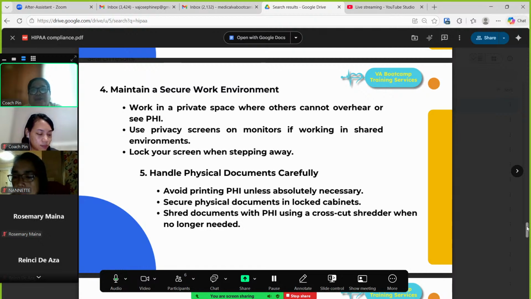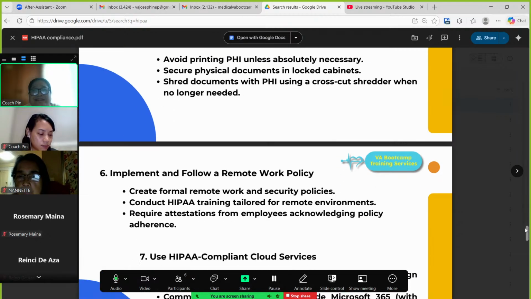Handle physical documents carefully. Avoid printing PHI unless absolutely necessary. Secure physical documents in locked cabinets and shred documents with PHI using a crosscut shredder when no longer needed. So this one is for those that are on site. Okay, this is not applicable for us working remotely.